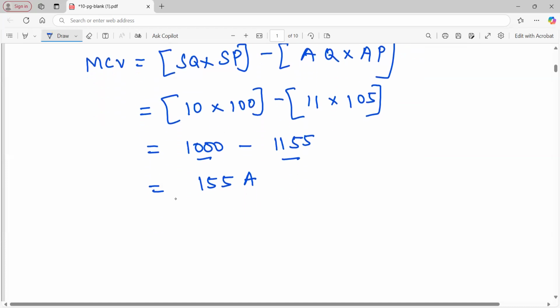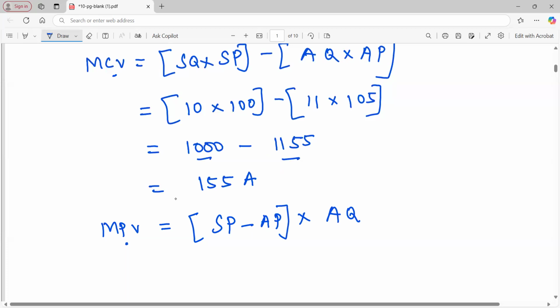Now let's look at the formula for calculating material price variance. The formula is standard price minus actual price multiplied by actual quantity. Now listen, we are calculating the part of this cost variance which is due to the change in the price.